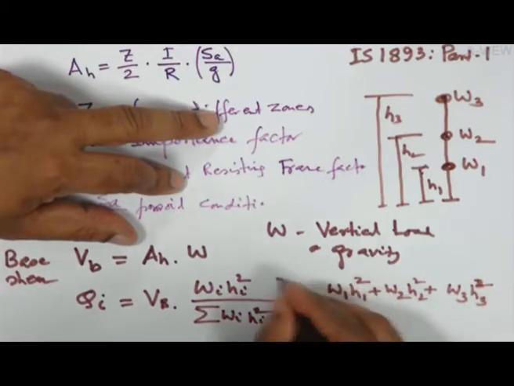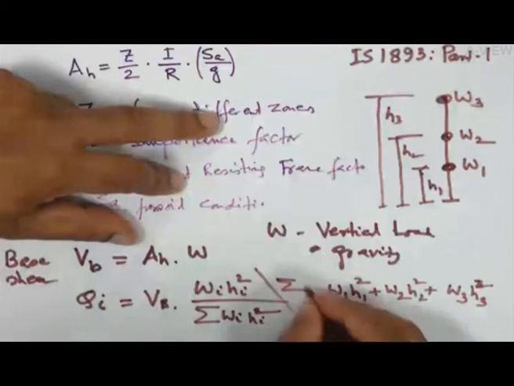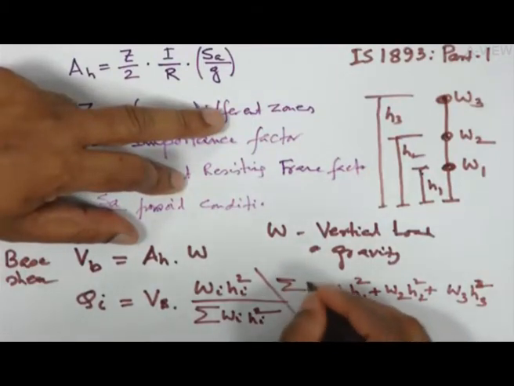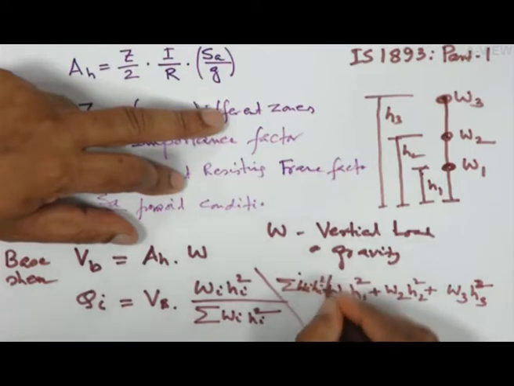This is nothing but the summation of Wi Hi square.